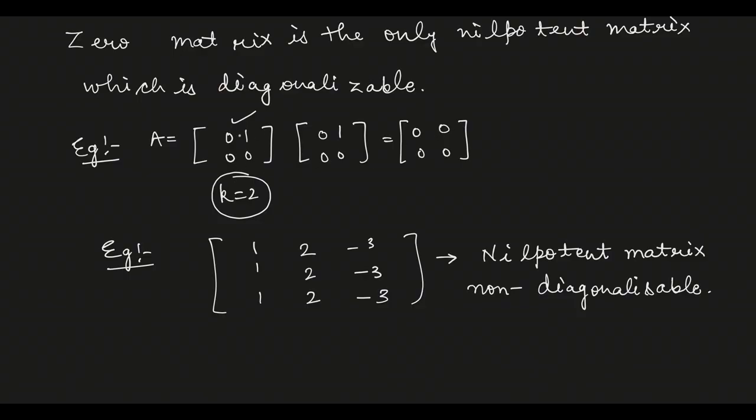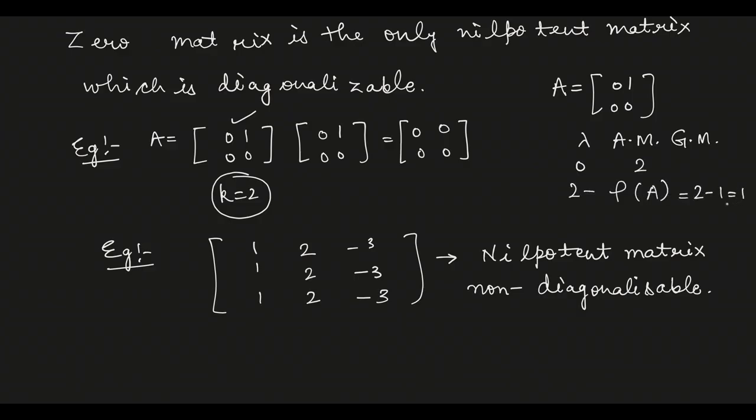What will be the eigenvalues of this matrix? It is 0, 0, 0. What about GM? 2 minus rank of A, 1, no? So AM is not equal to GM, so not diagonalizable.